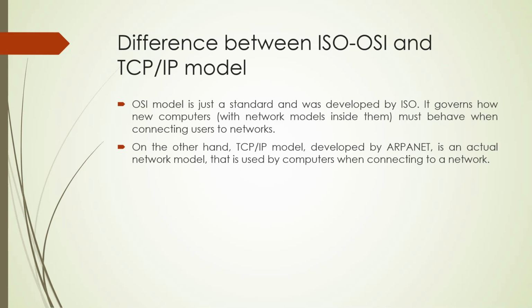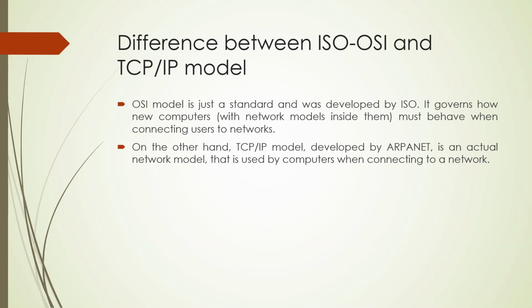What it means is that ISO governs how new computers with network models inside them, suppose an OSI model, must behave when connecting users to a network. This is not an actual model that the computer will follow, but it will govern how a computer should behave if it needs to connect to a network, or send a message from one machine to another in a network.